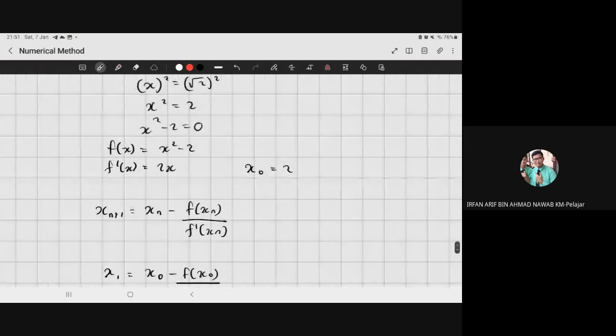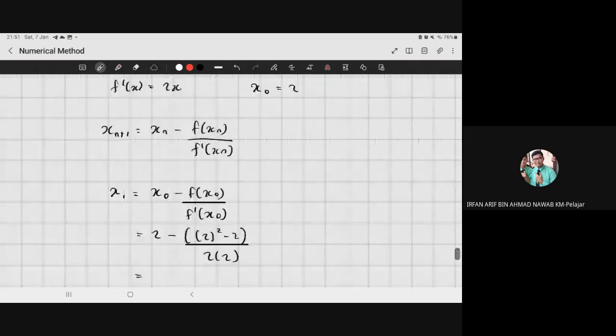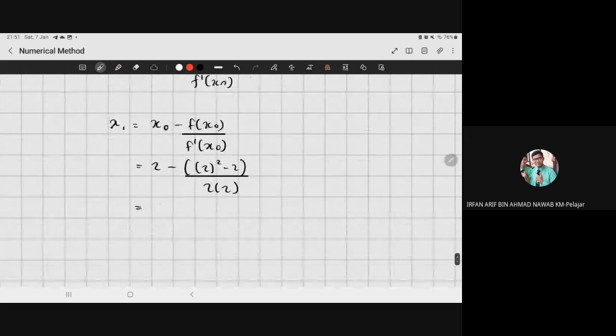Divided by 2x. Okay, you will get 3 over 2. Now that is your first value, that's x sub 1.